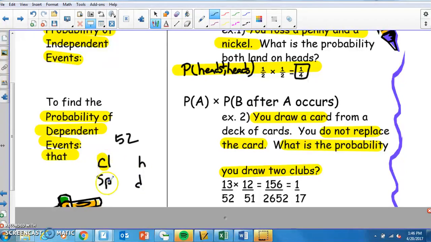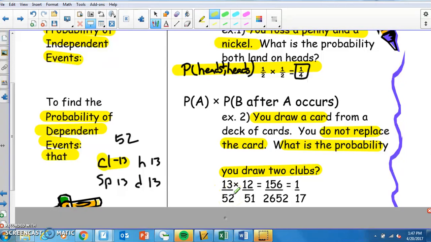Each set or suit is made up of 13 cards. If you add these 13s together, you come up with a total of 52 cards for a deck of cards. We want to figure out for clubs. So we have 13 clubs, and our first probability is 13 out of 52.